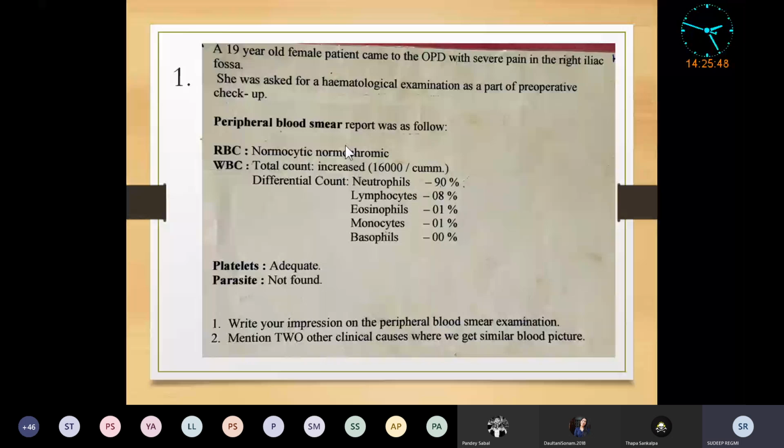They will be given to you. Then questions will be asked, and you have to answer those questions. Okay. Let's start with the first hematology case.